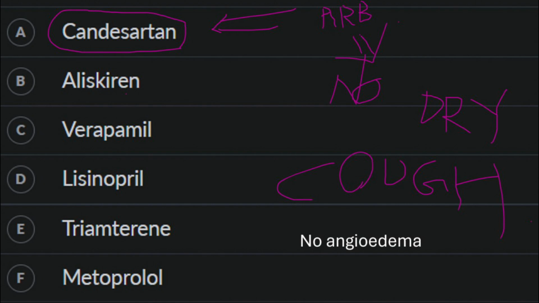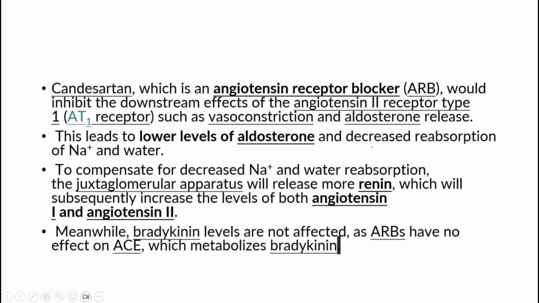The bradykinin will convert into inactive metabolites. So candesartan, which is an angiotensin receptor blocker, would inhibit the downstream effects of the angiotensin II receptor type 1, such as vasoconstriction and aldosterone release.